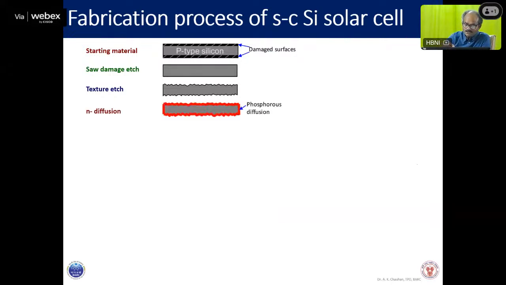Then so it was P type material. On that material you dope phosphorus. There are different methods of doping phosphorus. We will not go into detail of those methods, but consider that we are doping phosphorus. So this wafer is kept in an atmosphere which is phosphorus rich.